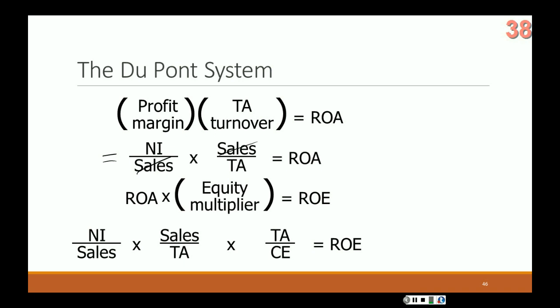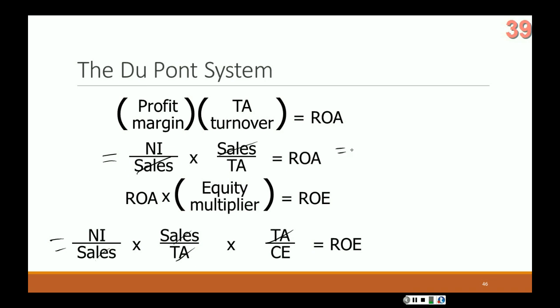So by formula, net income over sales times sales over total assets, the sales cancel out, then multiply that by total assets over common stockholders' equity, and the total assets cancel out. So that's net income over common shareholders' equity to give you return on equity. So this ties together profitability, asset efficiency, and the use of debt.